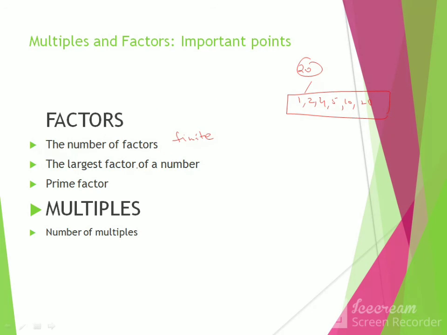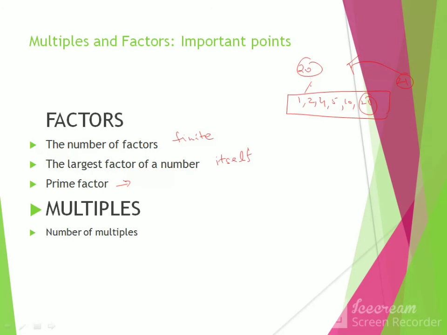Now the largest factor of a number is nothing but the number itself. This 20 will exactly divide 20. If you take the number 21, that 21 will not divide 20 exactly. That is, the largest factor will be the number itself. Now prime factors are the numbers which are prime and divide the number exactly.